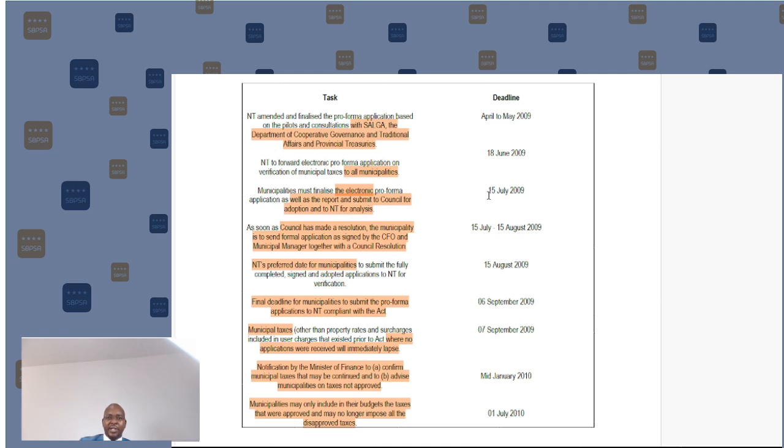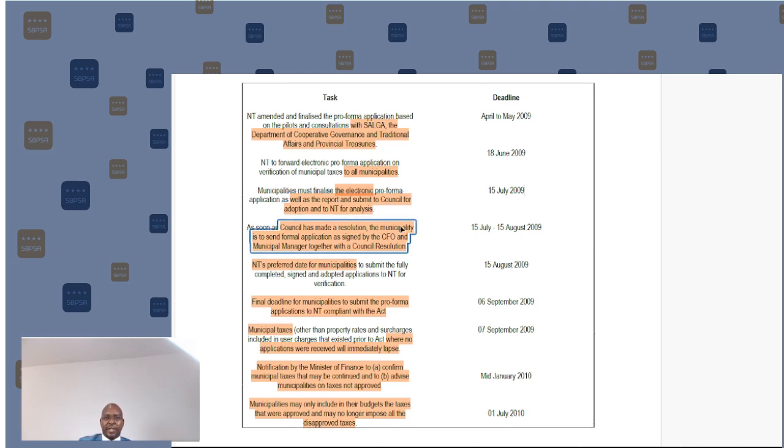But what is important is that it must reach National Treasury by the 15th of July. As soon as the council has made a resolution, the municipality is to send a formal application signed by the CFO and the municipal manager.